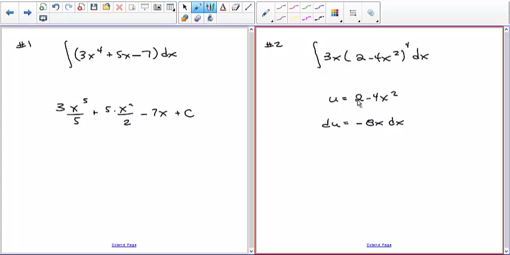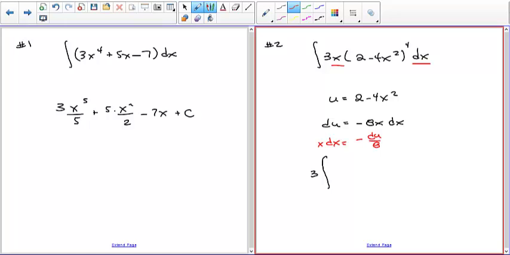Now we look back at the original integral, and what we can do is pull the constant out, and what that leaves is x dx. That's what we want here. We want x dx, so we're going to divide both sides by -8. So you get x dx is -du divided by 8.